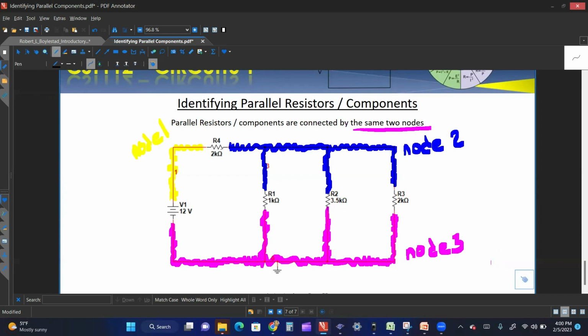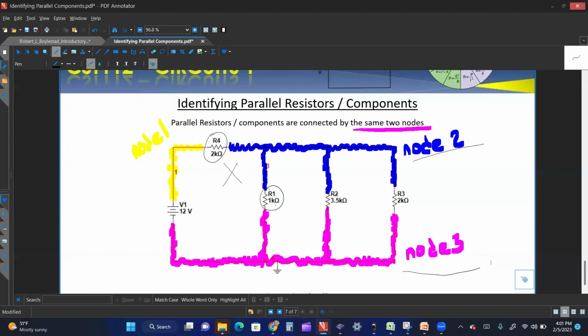So if we look at R1 and R4, let's evaluate those two. Well, R4 is connected to node 1 and node 2. But however, R1 is connected to node 2 and node 3. So these two, they are not in parallel.